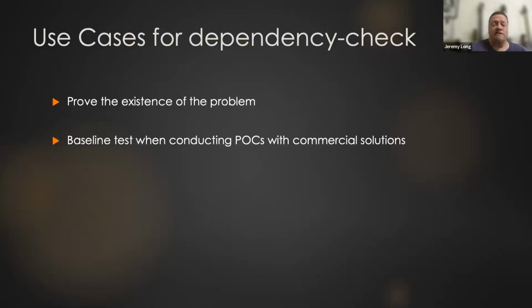One of the main differences why some companies have gone with the vendor solutions as opposed to dependency check is that they wanted to ensure they had support that is not just relying on a handful of developers in the open source community. Not saying that that's a bad thing, but it all depends on the company and how much support they want to have for some of these things.